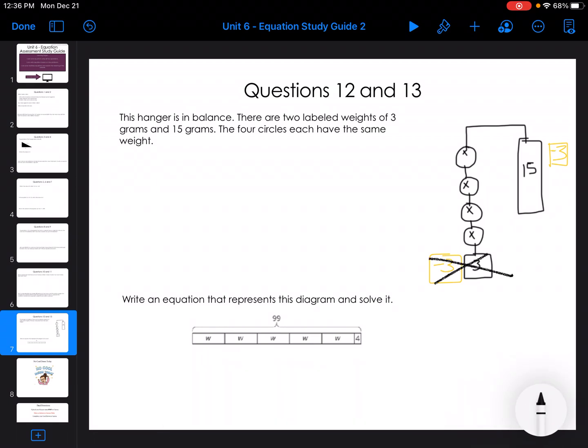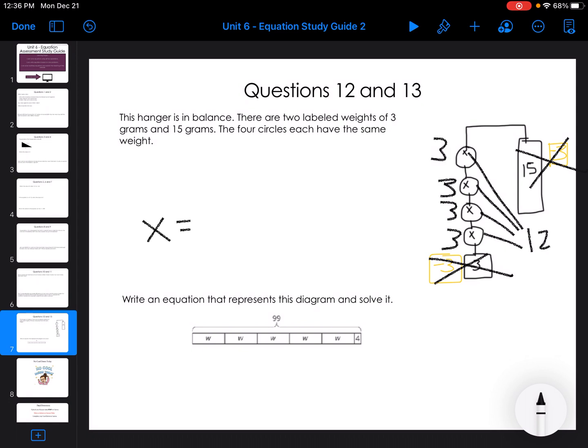So that tells me that 0 pairs, and this becomes 15 minus 3, or 15 plus a negative 3, would be a positive 12. And I'm splitting that into 1, 2, 3, 4 groups. So that means each weight is worth 3. So x equals 3.